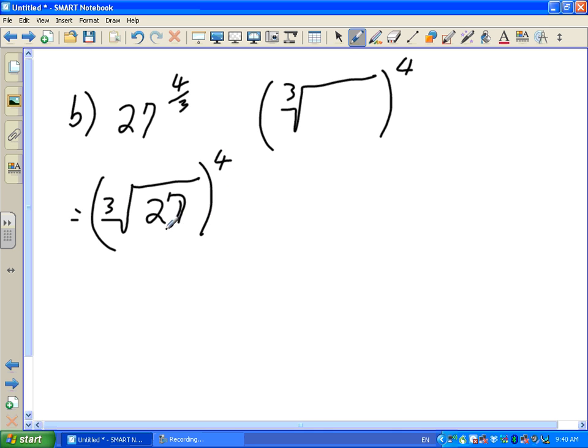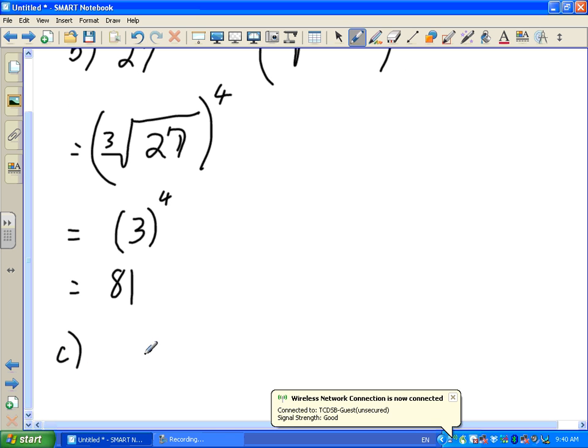The third root of 27, if you put it in your calculator, is 3. 3 times itself 3 times is 27. So 3 to the power of 4, if you type it in your calculator, is 81. Okay. You guys are allowed to use calculators for the evaluate. I want you guys to show your steps, though.